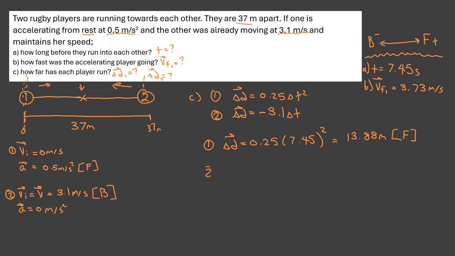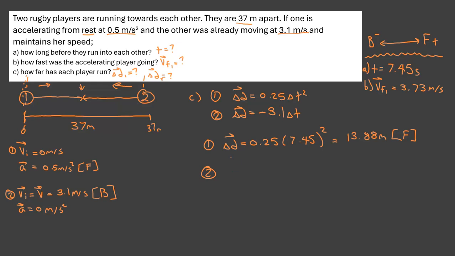Now for player 2, the reason why I'm not adding that plus 37 is because I don't care where I'm starting. I just care about the distance that I've traveled. I want to figure out how much distance I've traveled over my 7.45 seconds.